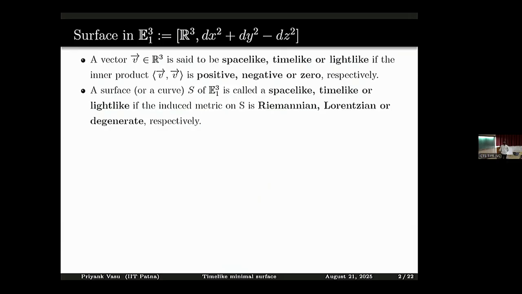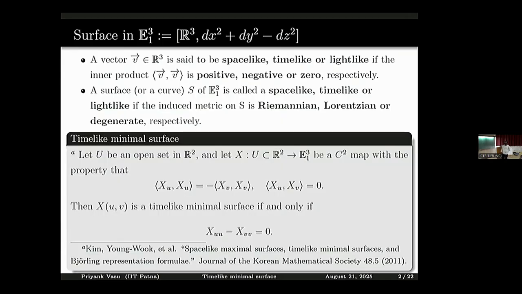Now we will talk about when the induced metric is Lorentzian on those surfaces, plus the condition that they are zero mean curvature surfaces. Locally, U is an open set in R2, we take a map to Lorentz-Minkowski 3 space, denoted by E^3_1, and if this is the conformality condition and each coordinate satisfies the wave equation, then that map is a time-like minimal surface.